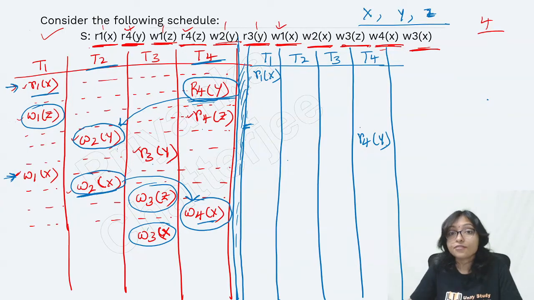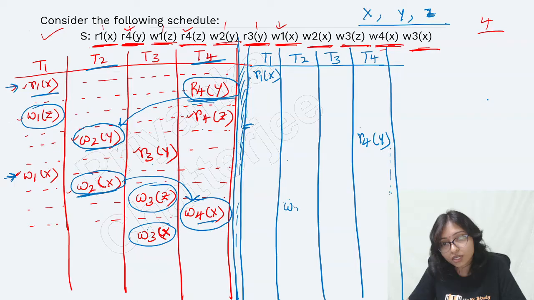Okay. After that, T2 should read it. Right. So that's why I give some space for T4 for the remaining transaction. After that, I can think about T2, that okay, let T2 read it. And before that, x was there, so no problem, you can do it.